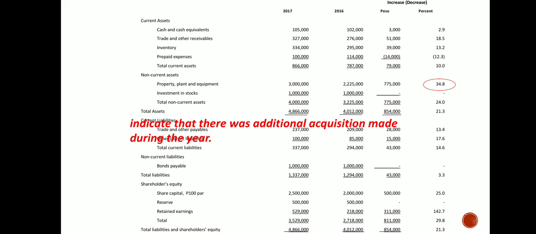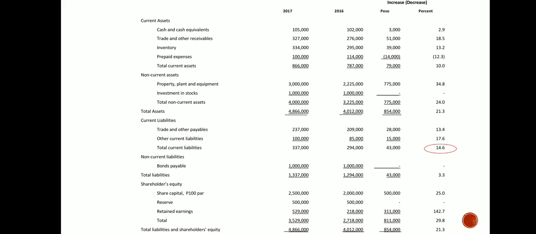Or this may indicate that there were additional acquisitions of property, plant, and equipment during the year. And then there are two claims against the assets of the entity: the claims of the creditors and the claims of the shareholders.